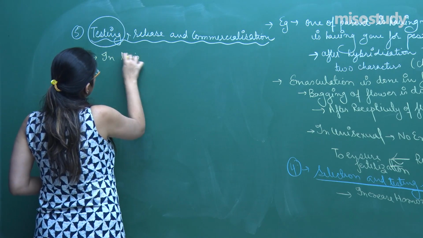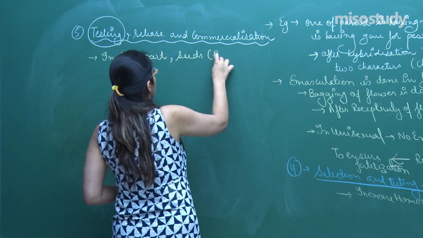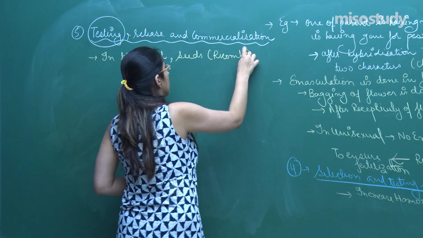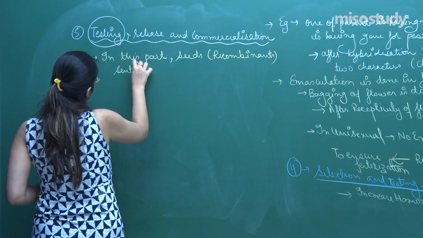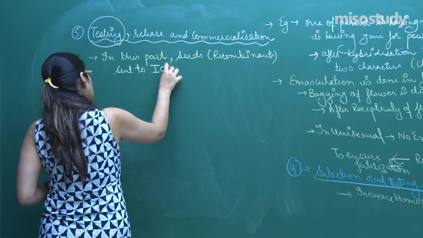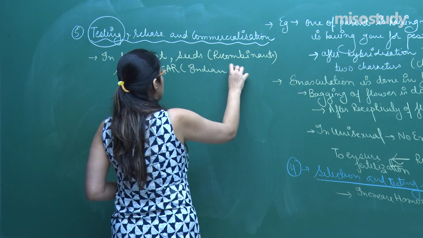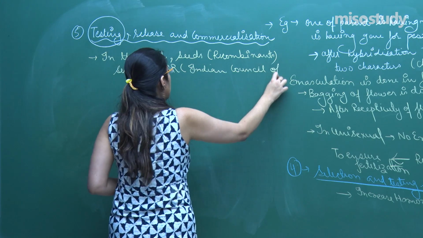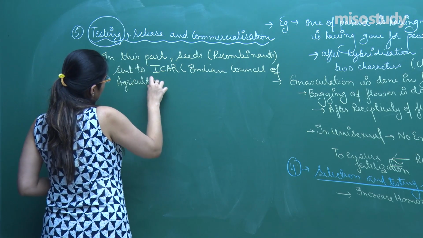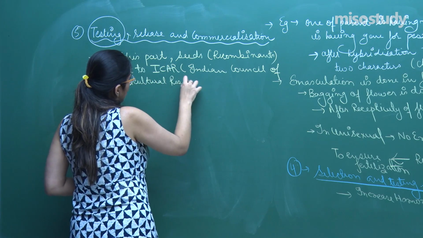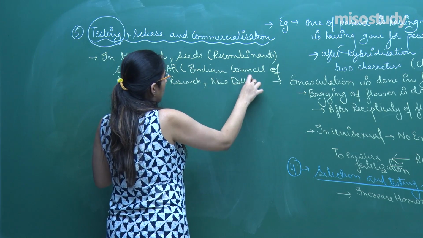In this part, the seeds, I am talking about the recombinant ones, are sent to ICAR, the Indian Council of Agricultural Research, New Delhi, right?